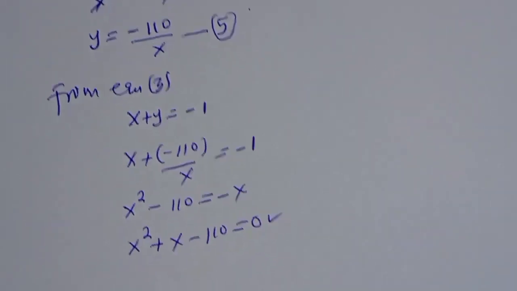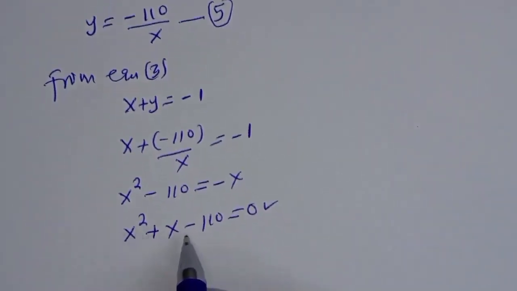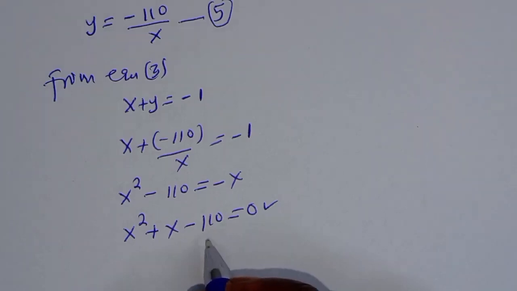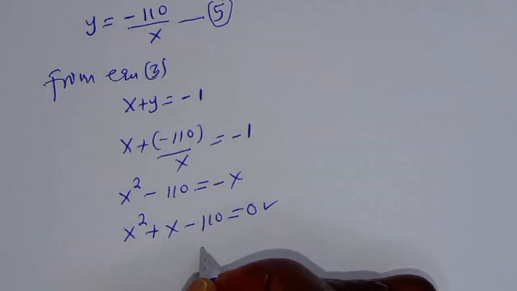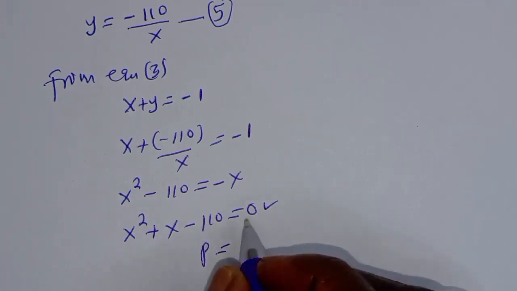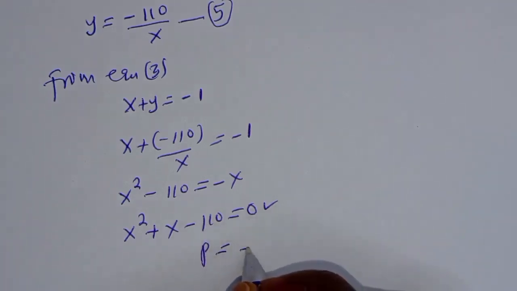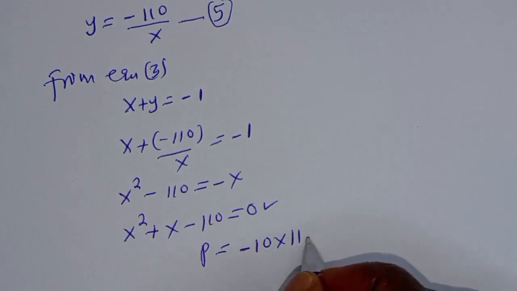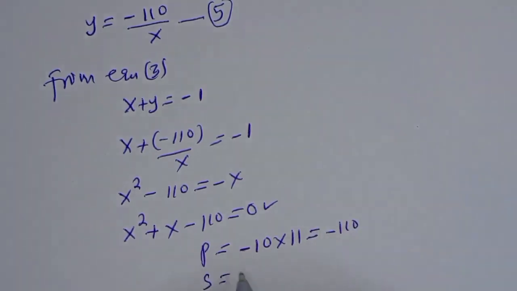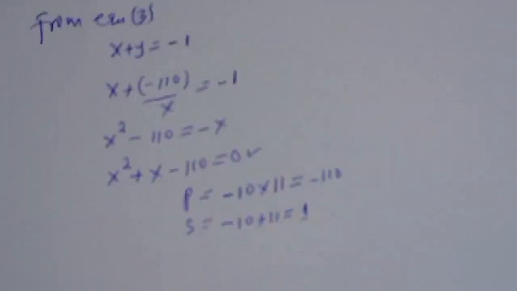This is a quadratic equation which can be solved using the quadratic general formula or the factorization method. But in this case, let's make use of the factorization method. For factorization, the product must be equal to minus 110. This is equal to minus 10 multiplied by 11. This is equal to minus 110, and the sum is equal to minus 10 plus 11, which is equal to 1. Now let's substitute here.